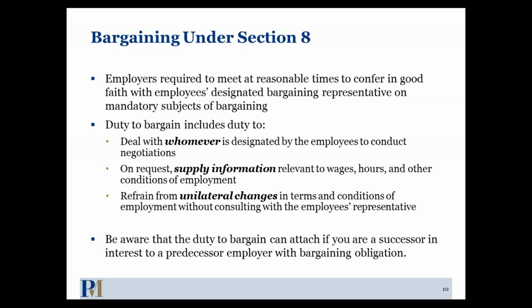And then the other issue relates to unilateral changes in terms and conditions of employment. This is also a really fully loaded issue. The idea is that, especially when you're in the middle of negotiations, you generally cannot go ahead and make a unilateral change, which means a one-sided change that you're making on your own without conferring with or giving notice to the union.